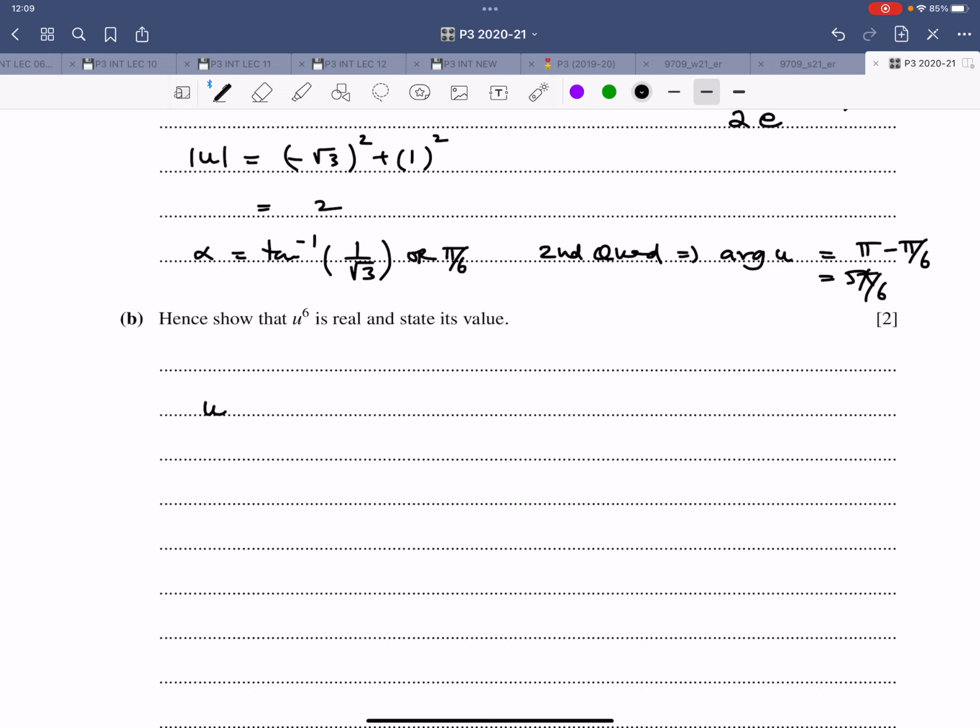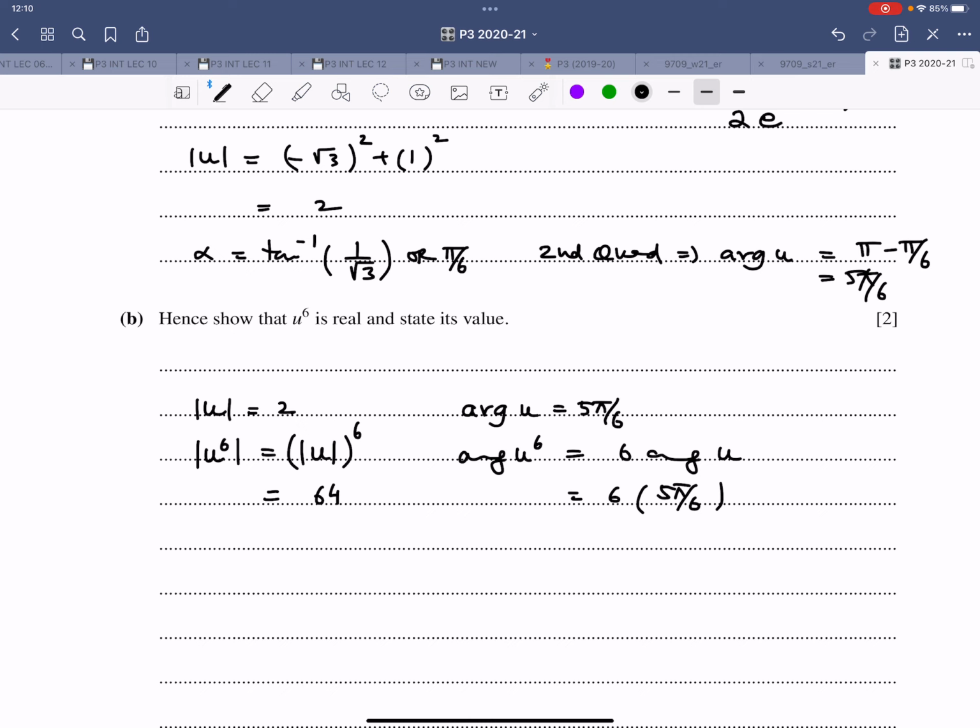Magnitude of u is 2. Magnitude of u raised to power of 6 is basically magnitude of u raised to power of 6, which is 64. So the answer is 64, but we are not sure whether it's negative or positive. Argument of u is 5 pi by 6. Argument of u to the power 6 is 6 times argument of u, that is 6 times 5 pi by 6, that is 5 pi.